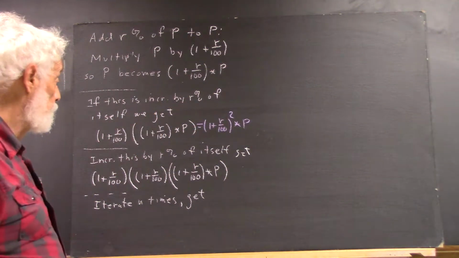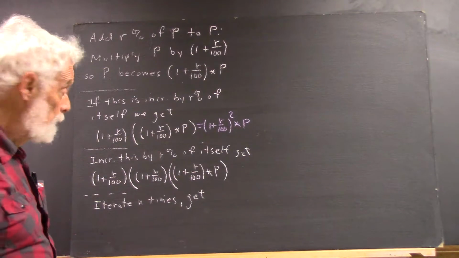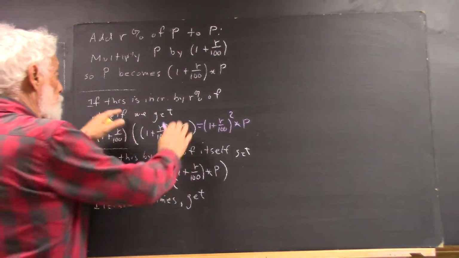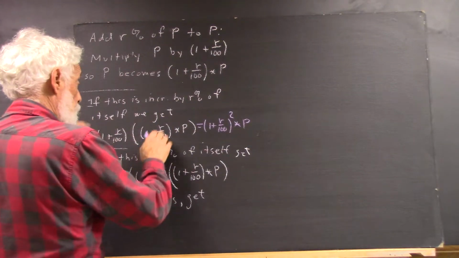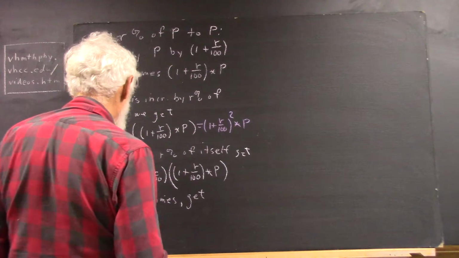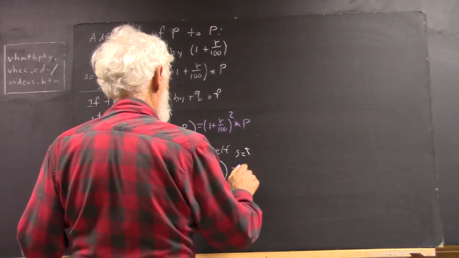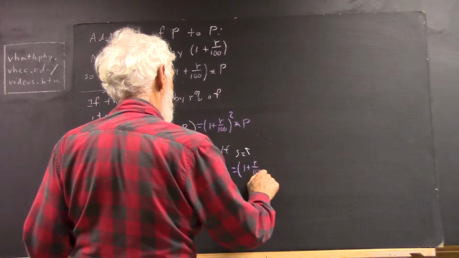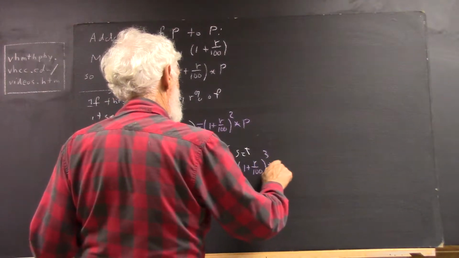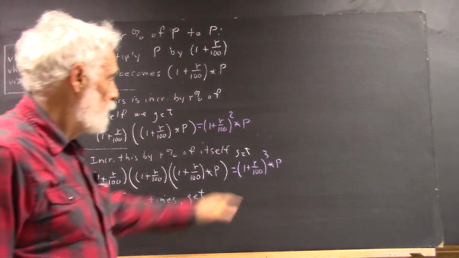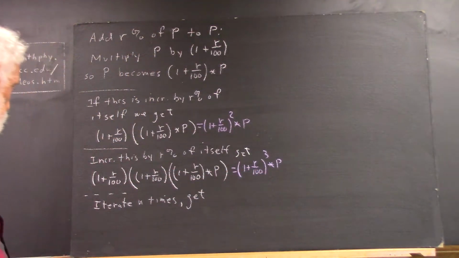Properties of multiplication, associativity, commutativity. We don't really need commutativity, but associativity. We can regroup this so that we have this with this, and this times itself is its square. And similarly here, we can use the same rules. And we get 1 plus r over 100 cubed times p.